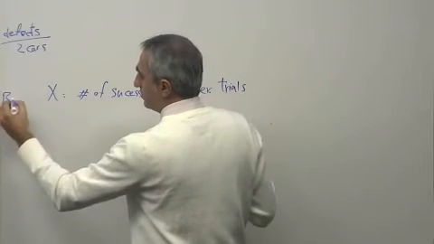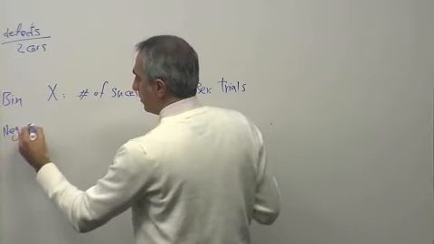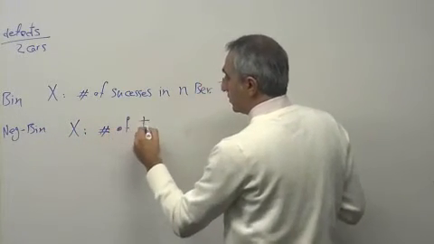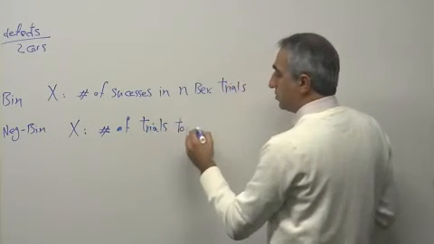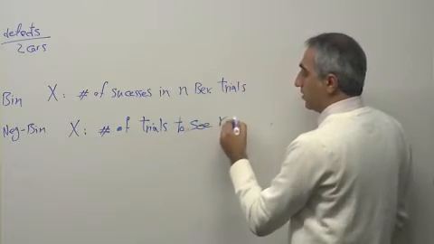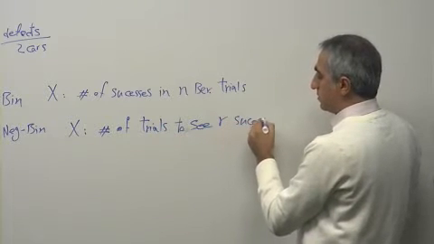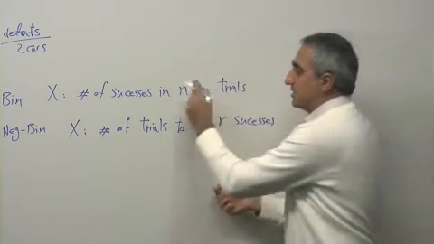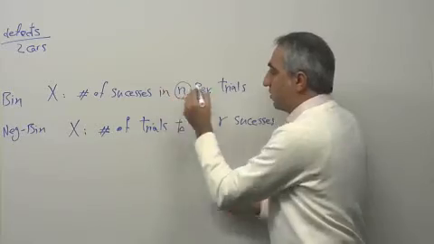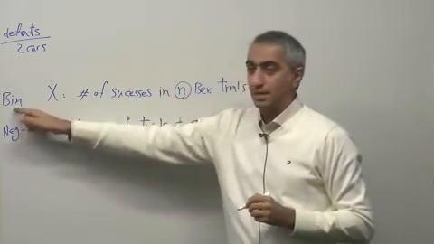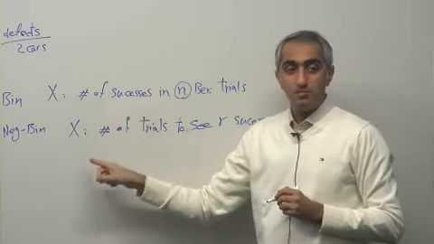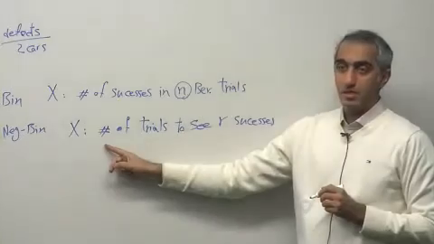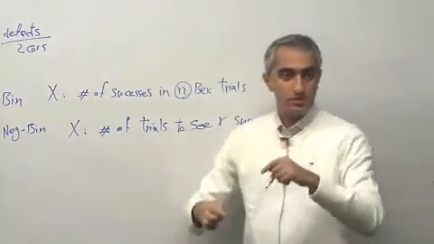Negative binomial, however, is the number of trials to see r successes. So for binomial, the number of trials n is given, and your random variable is the number of successes. For negative binomial, the number of successes is the parameter, and the random variable is the number of experiments. Can you see the difference?